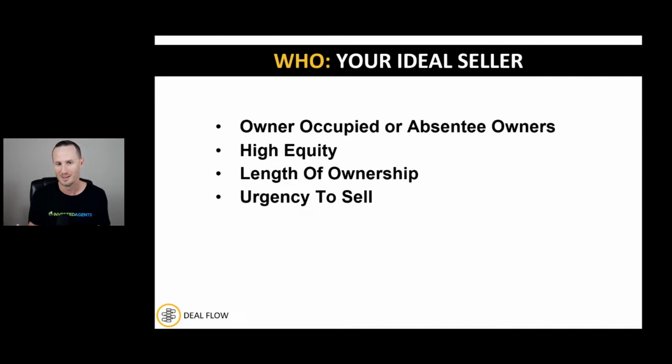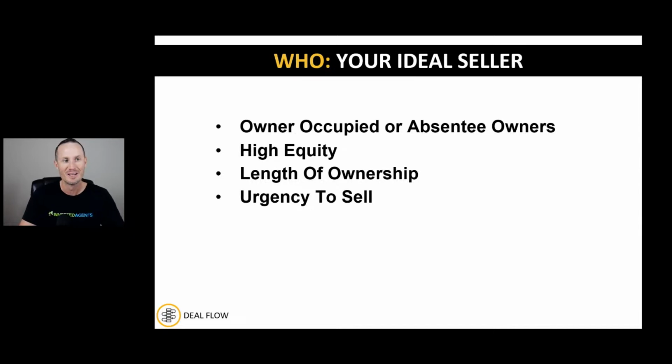An owner occupant, kind of self-explanatory, means the owner actually lives in the home. An absentee owner just means the owner does not live in the home. It's either a rental property, it's maybe a secondary or vacation home that just stays vacant most of the year, or it's just a vacant home.